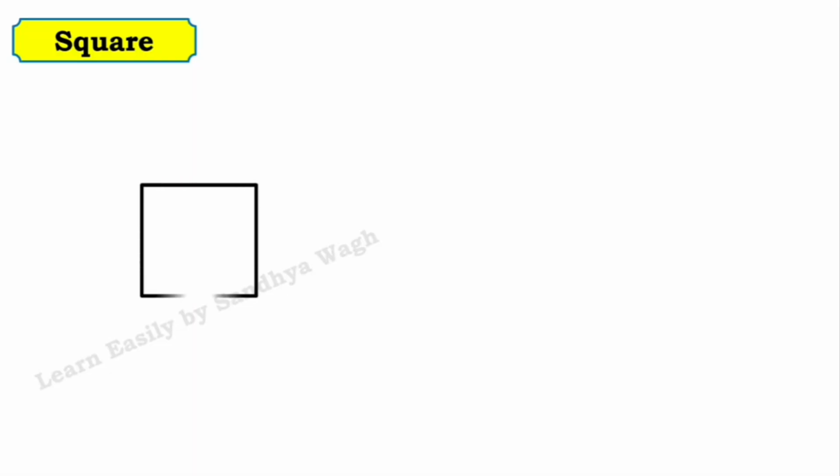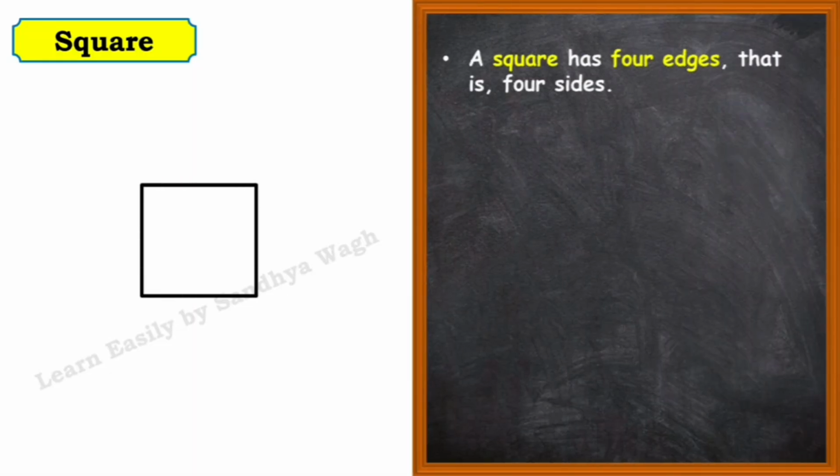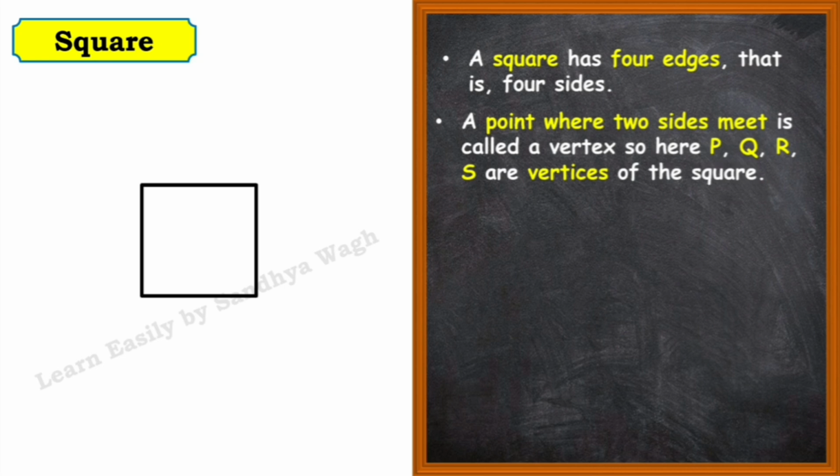This is square. A square has 4 edges, that is 4 sides. A point where 2 sides meet is called a vertex. So here P, Q, R, S are vertices of the square.